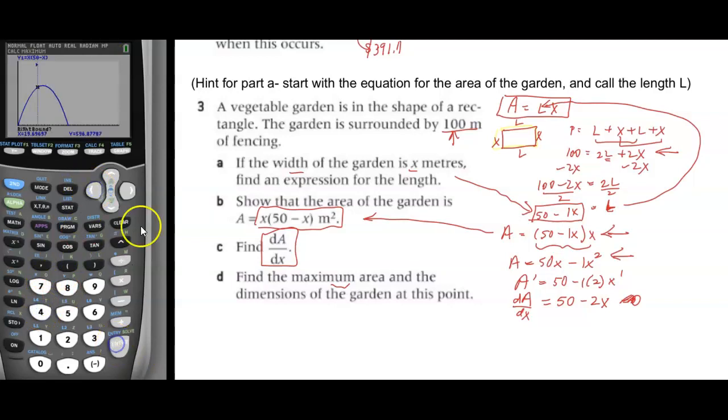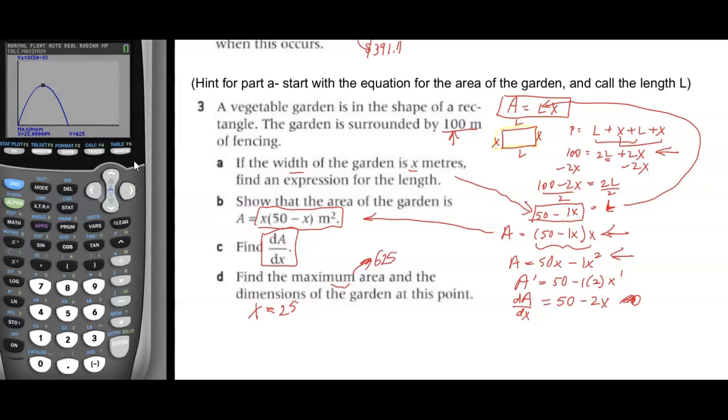We hit enter, and then we move the cursor to the right side of the peak, and we hit enter, and then we just hit enter one more time for guess, and the maximum value is 25. Remember, we said that maybe it's 25 from looking at this. So 25 comma 625. The 25 is the width of the garden, x equals 25, and the maximum area is the y value, which is 625.